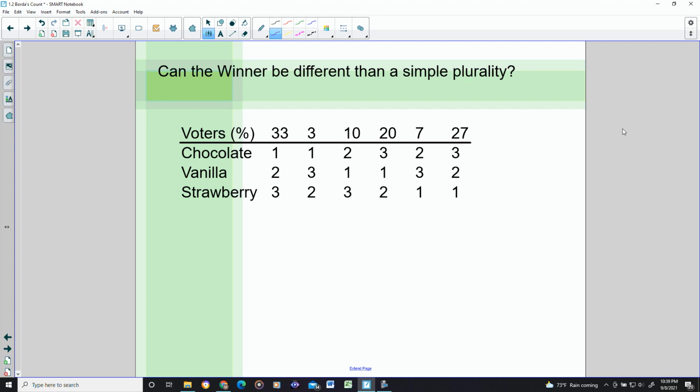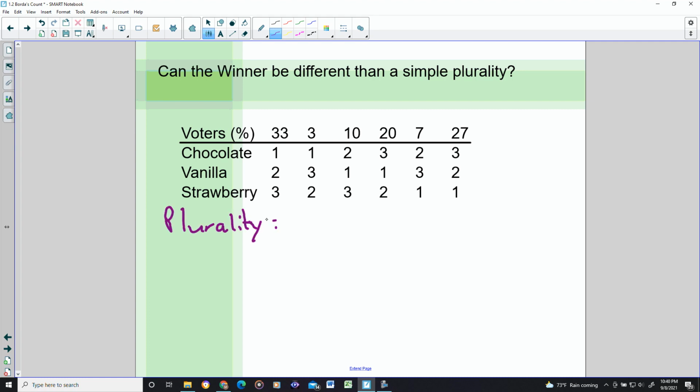We're going to do this the same way we did in class, approaching this data one election type at a time. So we always start with plurality. Let's start with plurality, so I'll write that down here.